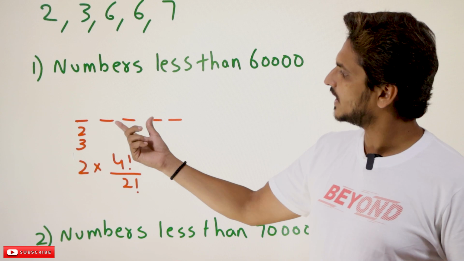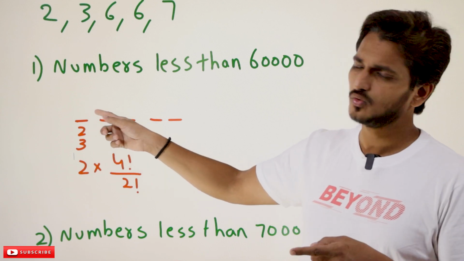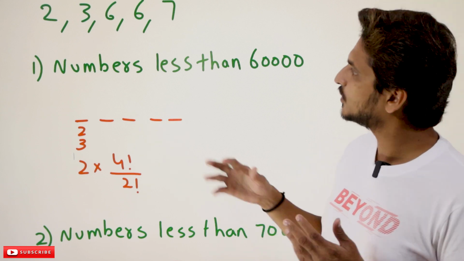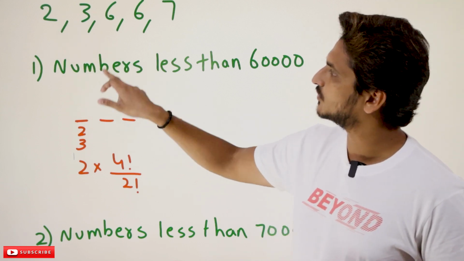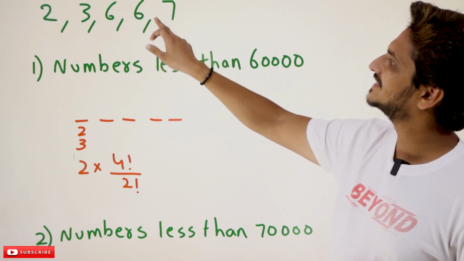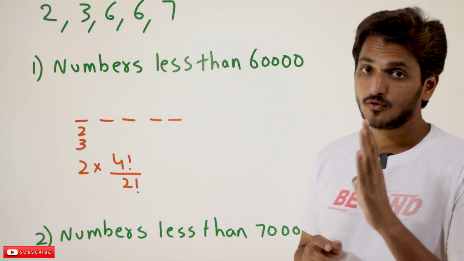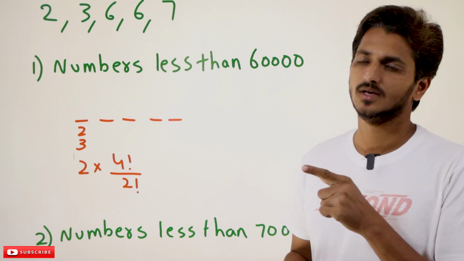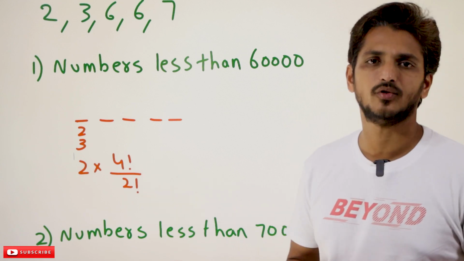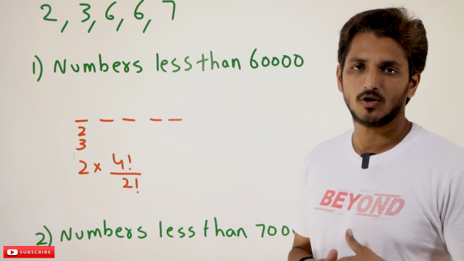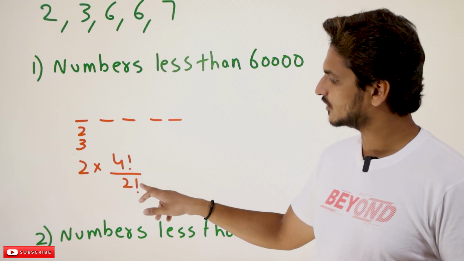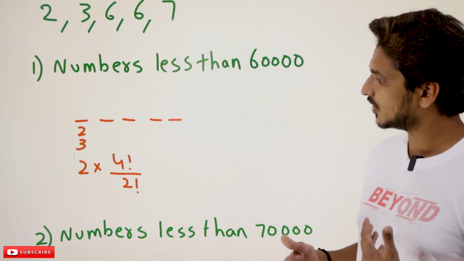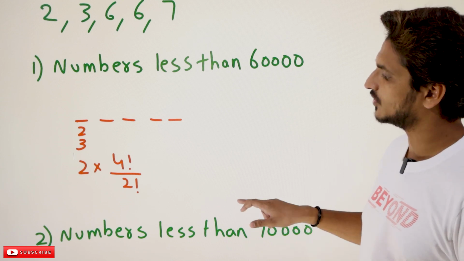So 2 multiplied by, once you place 2 or 3, the remaining 4 positions can be filled in. Assume you place 2 in the first position. The remaining numbers are 3, 6, 6, 7. 4 digits can be filled in 4 positions, but repetition is there, 6, 6. That can be done in 4 factorial by 2 factorial. So our output is 2 multiplied by 4 factorial by 2 factorial. These many numbers we get that are less than 60,000.